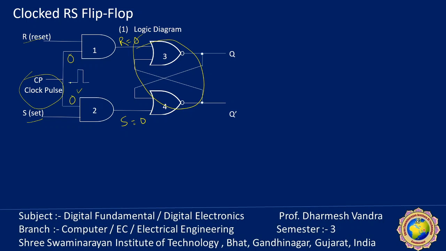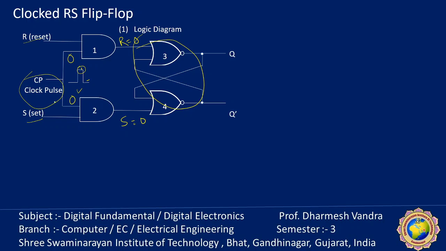Simple, that is. In this period the output is 0 in this particular period. Only when the clock is 1, at that time the output changes.